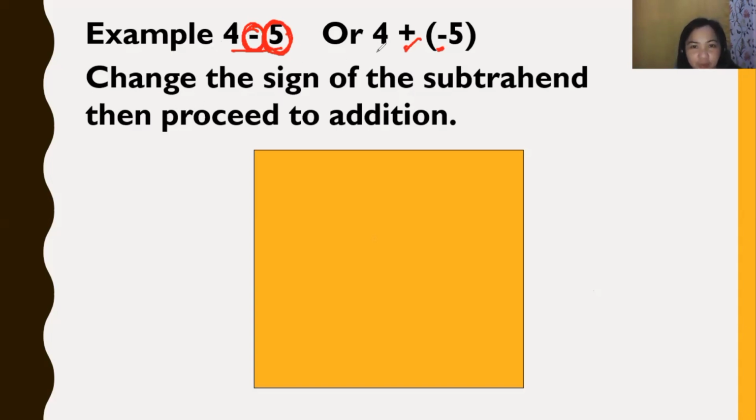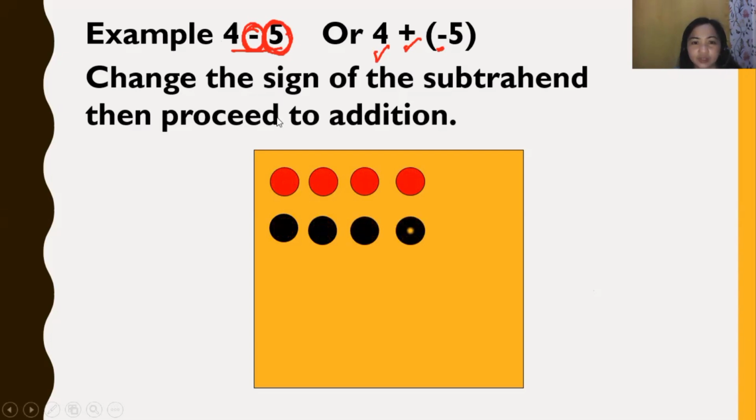So, represent muna natin yung 4. 4 red counters. And then we have negative 5. That means 5 black counters. Now, sabi kanina, pag may nakita kayo ng pair of black and red, that means 0. So, tanggalin natin yung mga 0. Ano na lang natira?